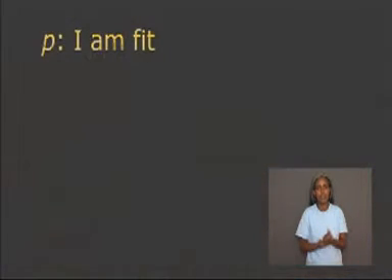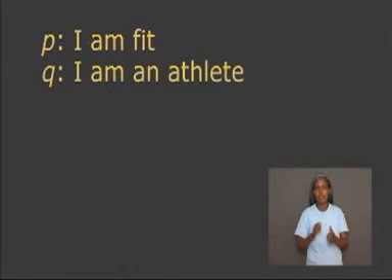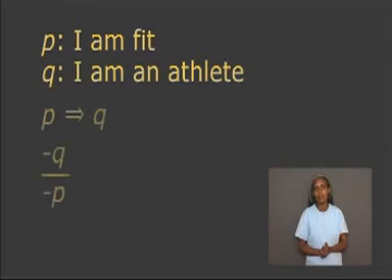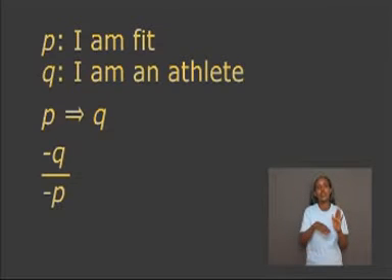Let us consider the validity of this argument. Let us assign P to represent I am fit and Q to represent I am an athlete. The symbolic form of this argument is represented this way.